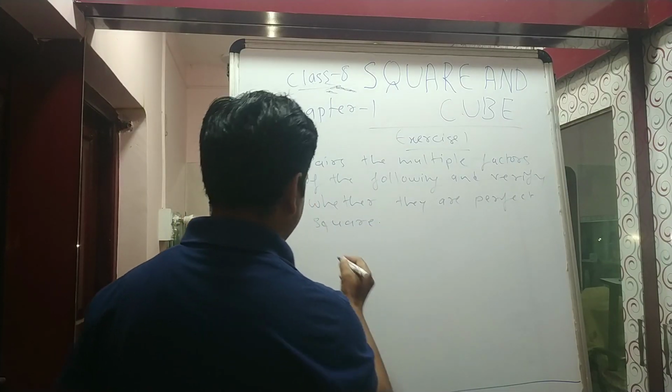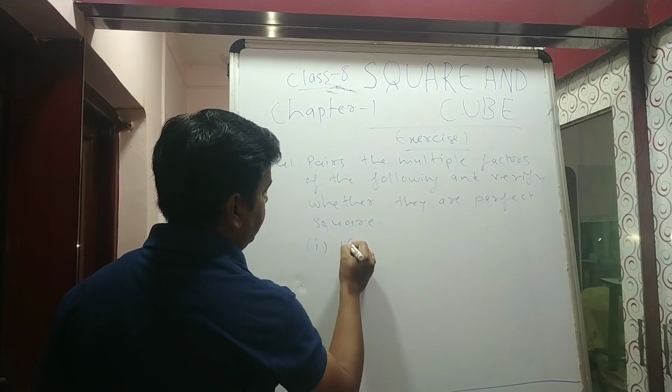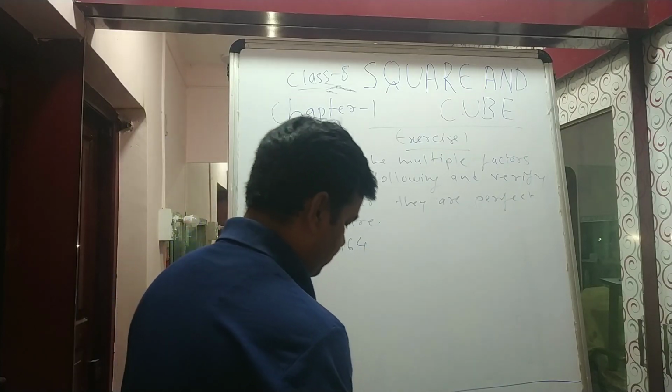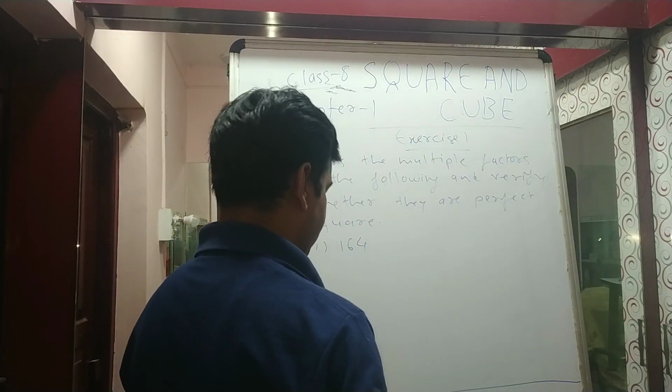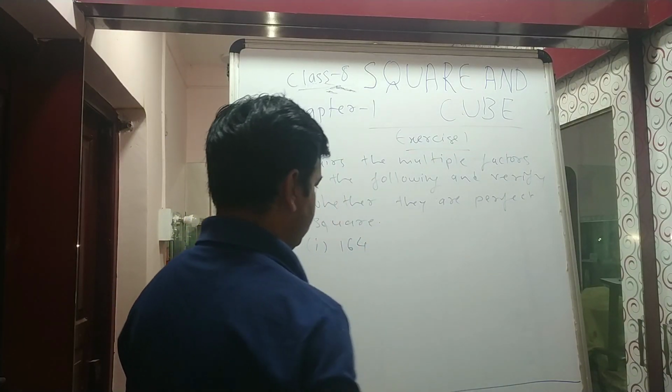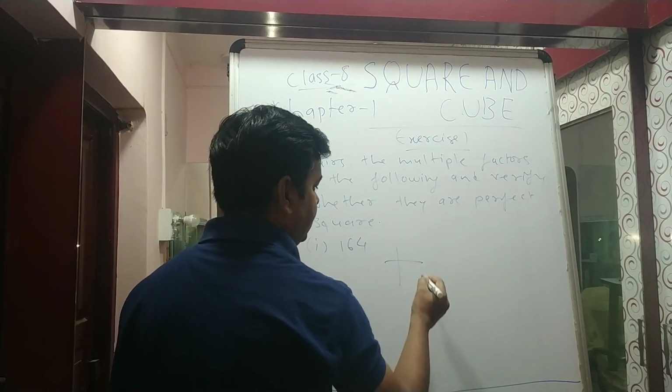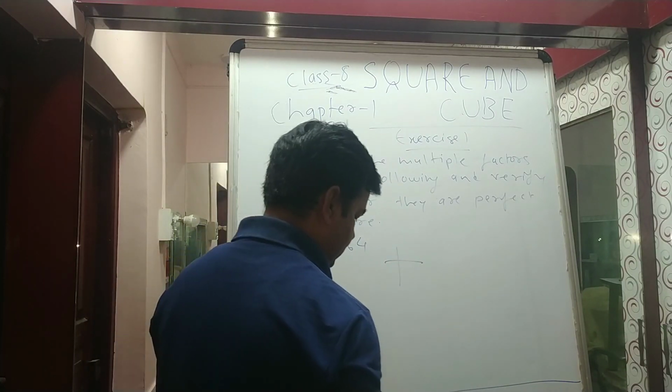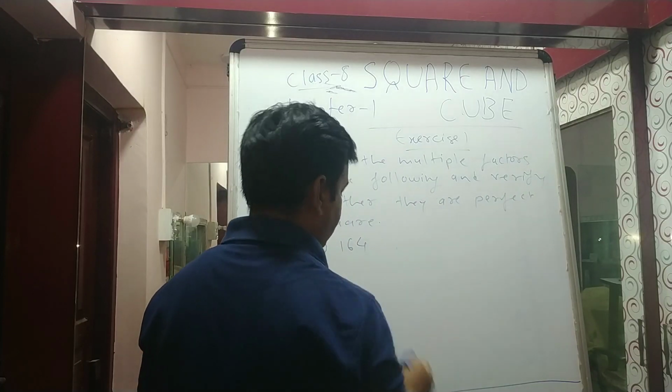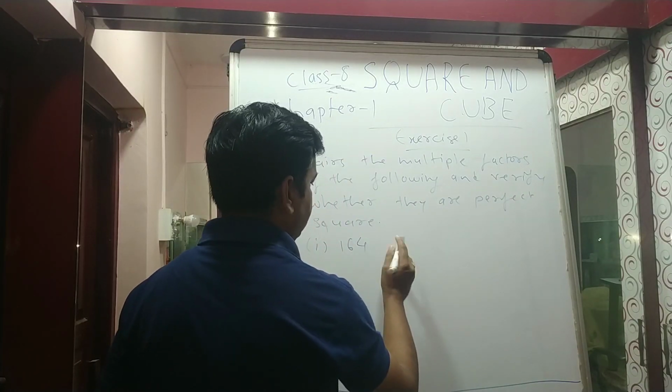Okay, so first is 164. We need to find the factors of this. Either you do it like this, or what you can do is like this.